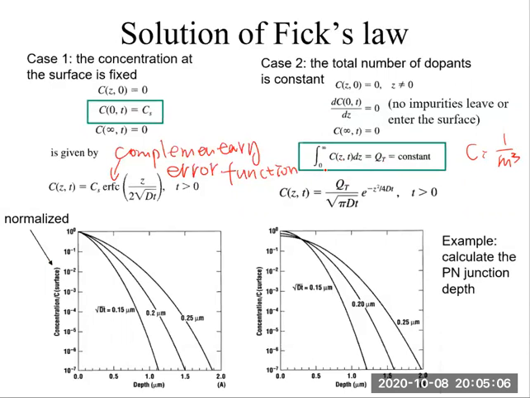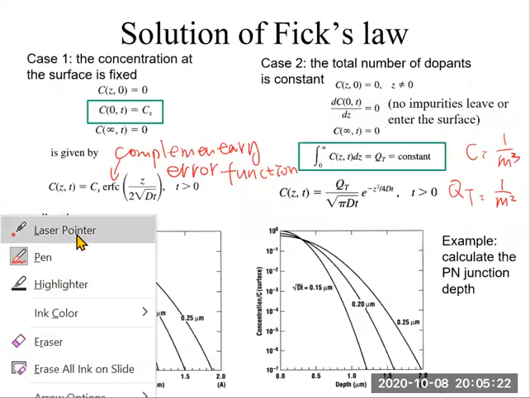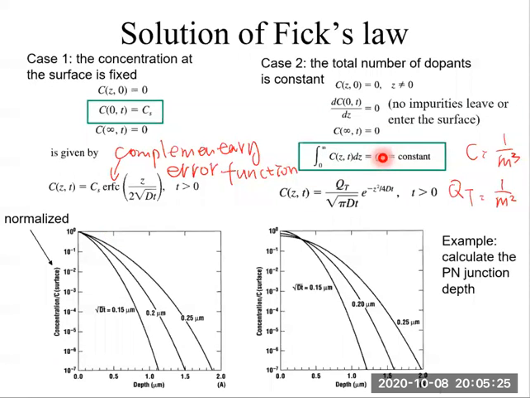So integration along dz, we end up with Qt, so it is 1 over meter squared. That would be the total number of dopants over a unit area. So that's the boundary condition.